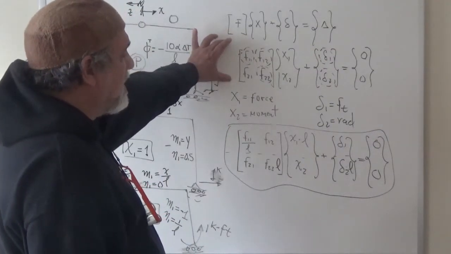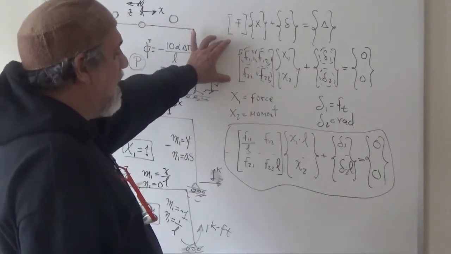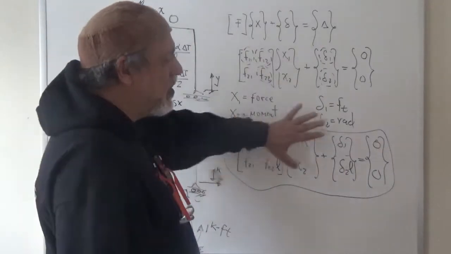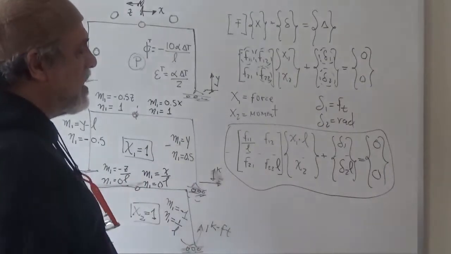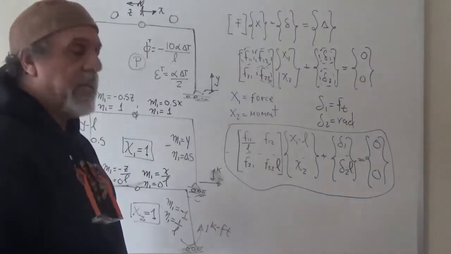The only thing is that now everything will have the same units, and we will see how the units work out nicely when we want to take common factors and things like that.